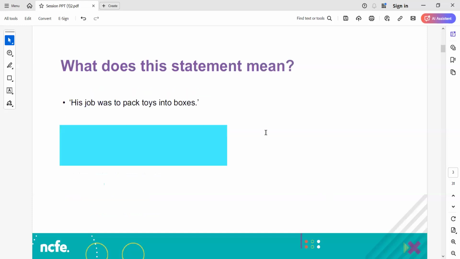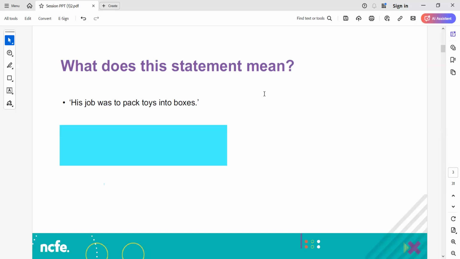So I'm going to start with a question. What does this statement mean? His job was to pack toys into boxes. So what do you understand by that statement? What information do you get from that statement?